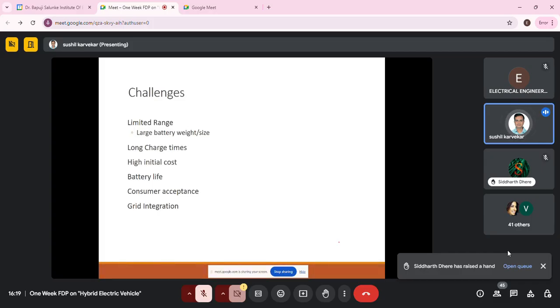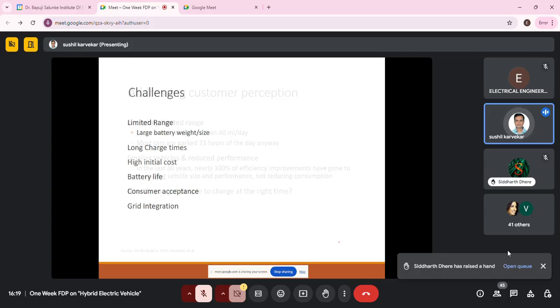The cost which we have to invest initially is very high. The next part is battery life, and finally we have to talk about consumer acceptance. There is range anxiety as far as consumers are concerned because the charging infrastructure is still being developed. Soon it will be reduced.